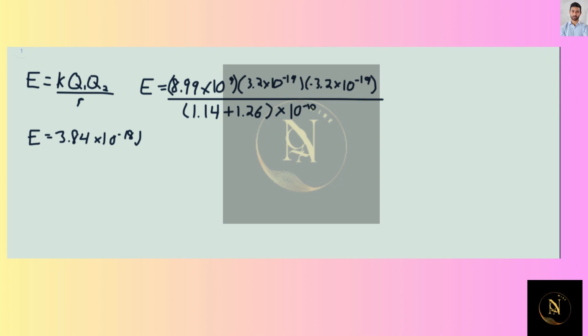To calculate the energy of a mole of such pairs, we have to multiply this by Avogadro's number, 6.02 times 10 to the 23rd per mole. This is equal to 2.3 times 10 to the 6 joules per mole.